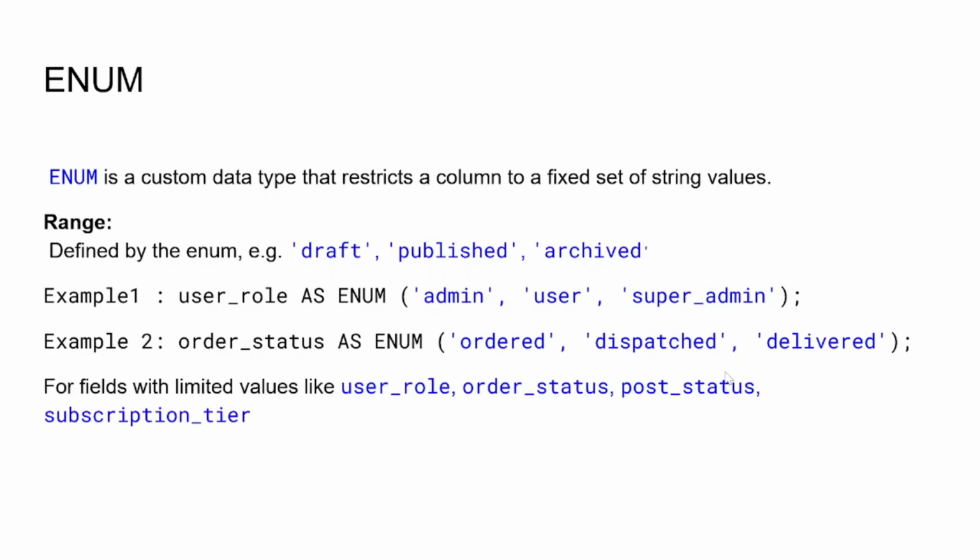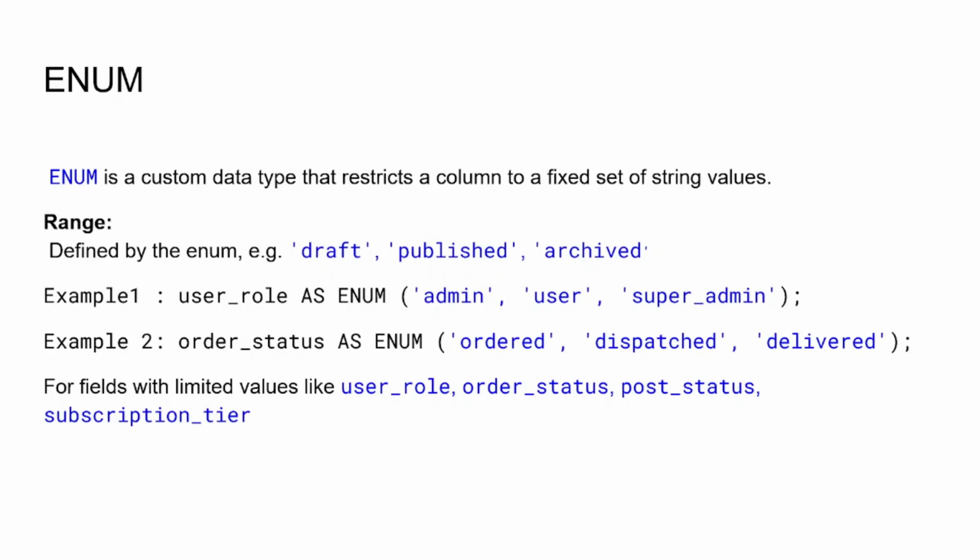So enum is very great for values with limited fields like user roles, either admin, user, or super admin, order status, which can be ordered, dispatched, or delivered, and also it can be used for post status or subscription tier, basic, gold, or higher tier, or super gold, custom.